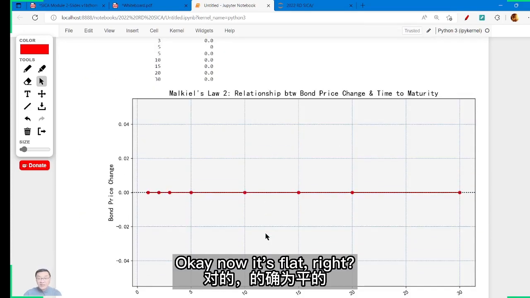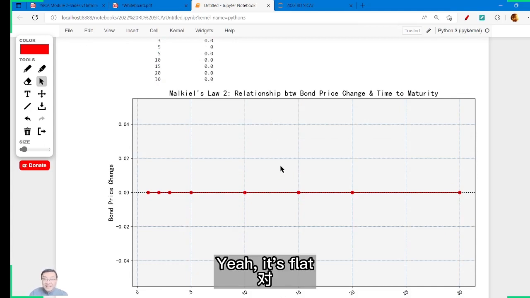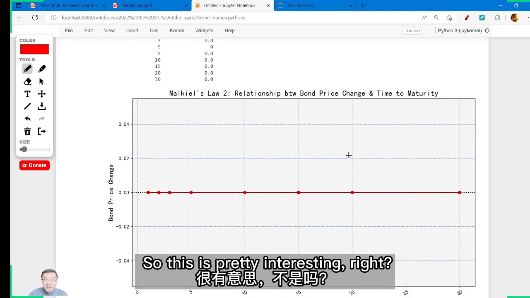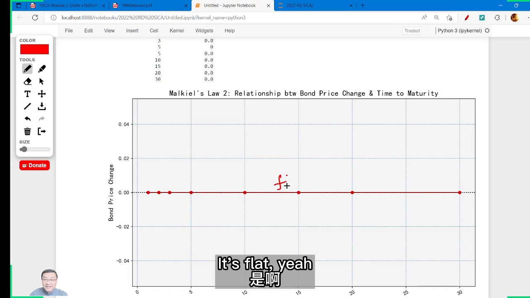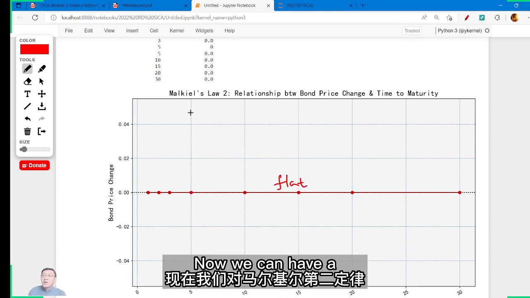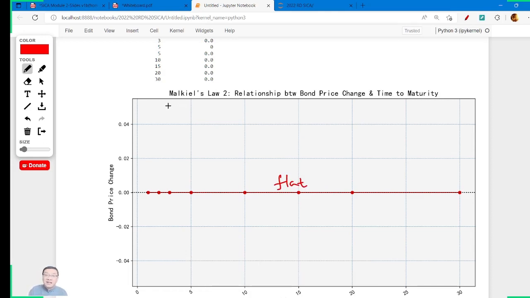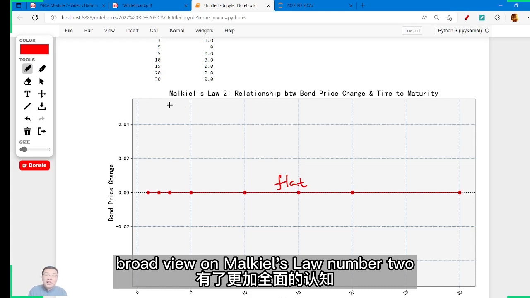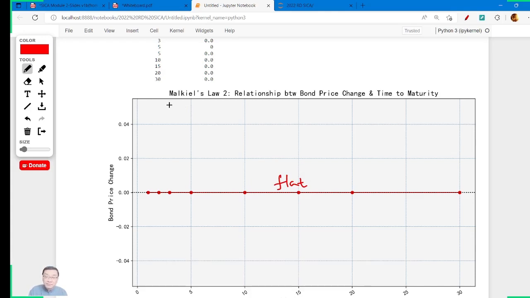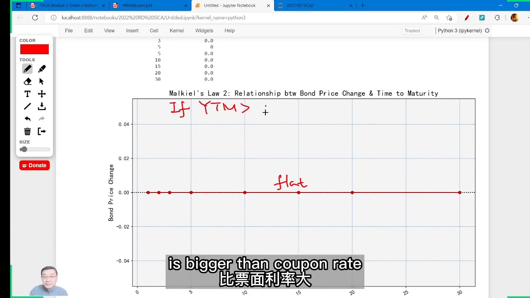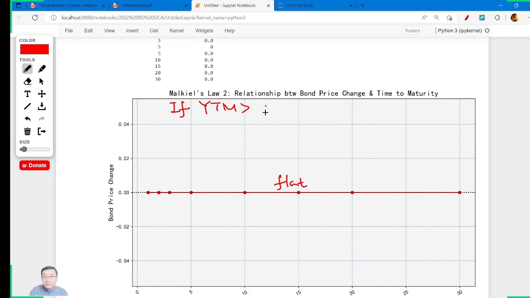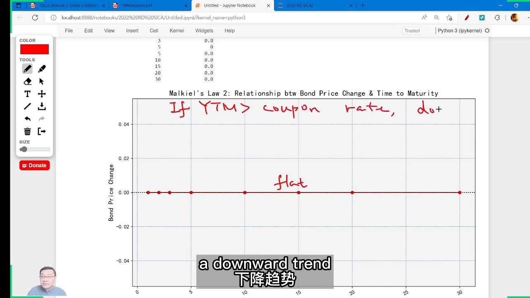Then let's see what will happen. Okay, now it's flat, right? Yes, it's flat. So this is pretty interesting. Now we can have a broader view on Moki's law number 2. If YTM is bigger than coupon rate, the curve will be a downward trend.